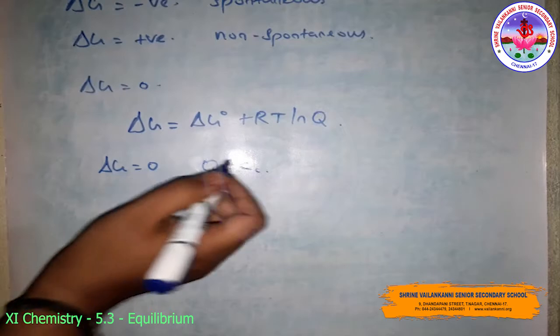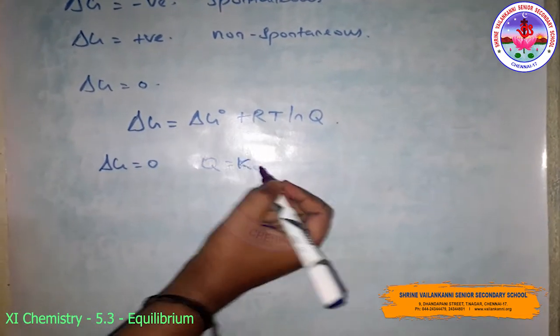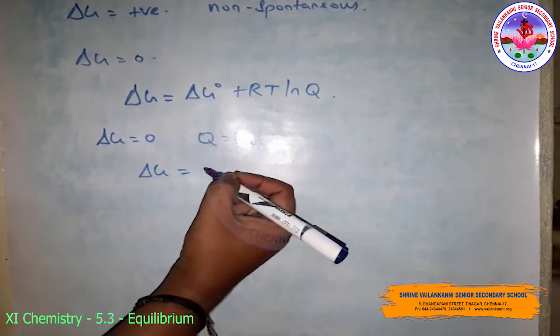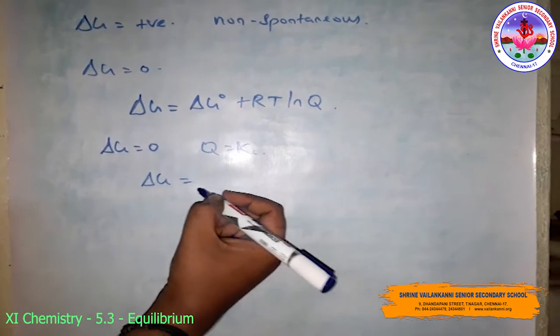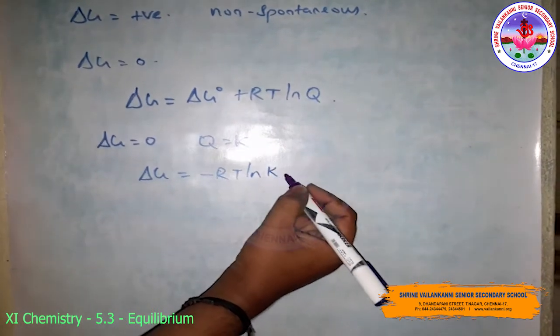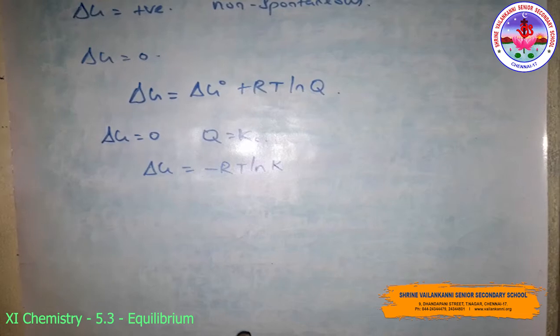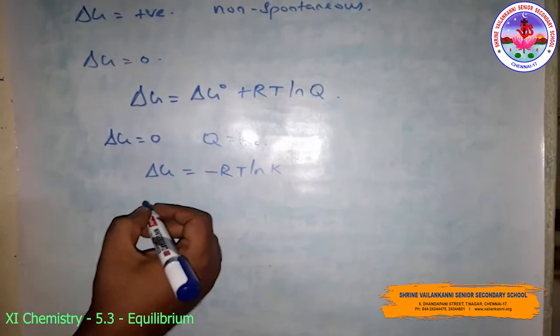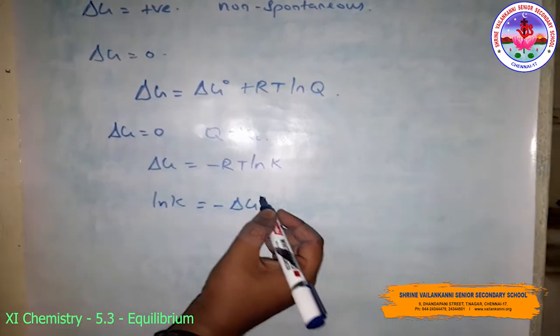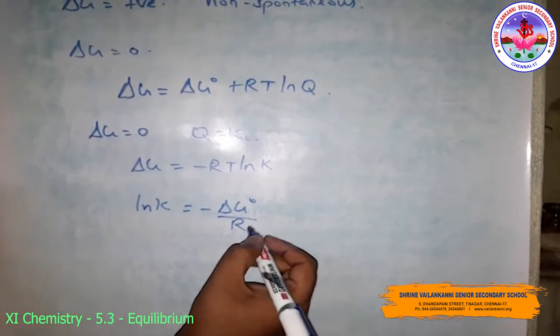So the equation becomes 0 equals delta G naught plus RT ln K, so ln K is equal to minus delta G naught by RT.